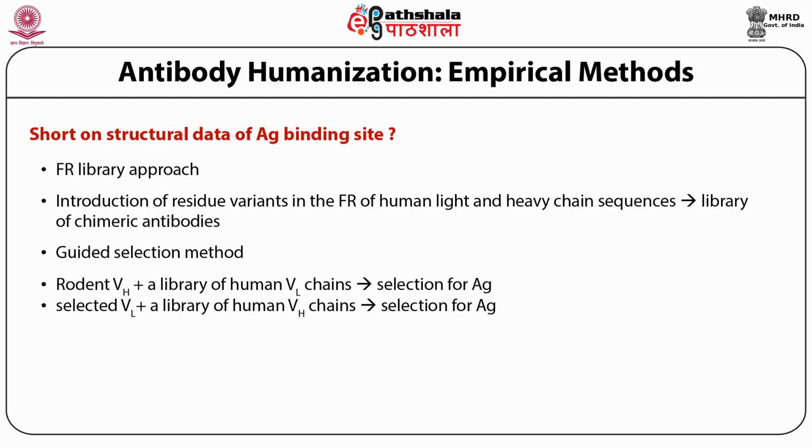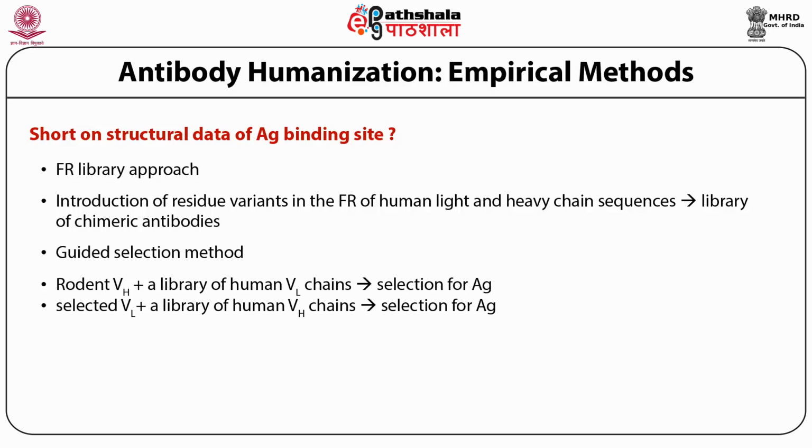So we have the rodent VH chain and we combine it with a library of human variable light chains, resulting in another library of antibodies where the VH is common and the library is on the background of variable light chains. This library is then selected on the basis of antigen binding.